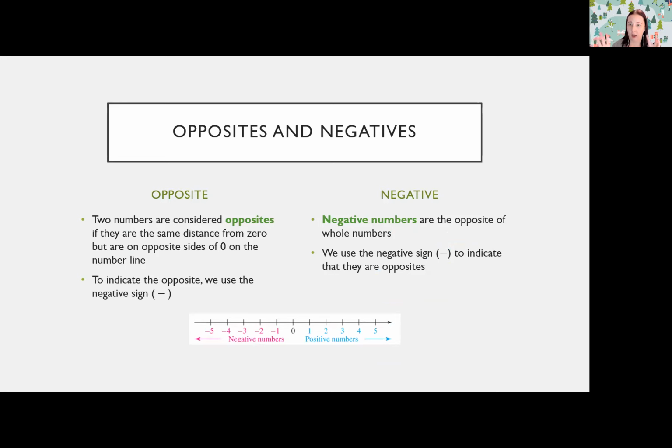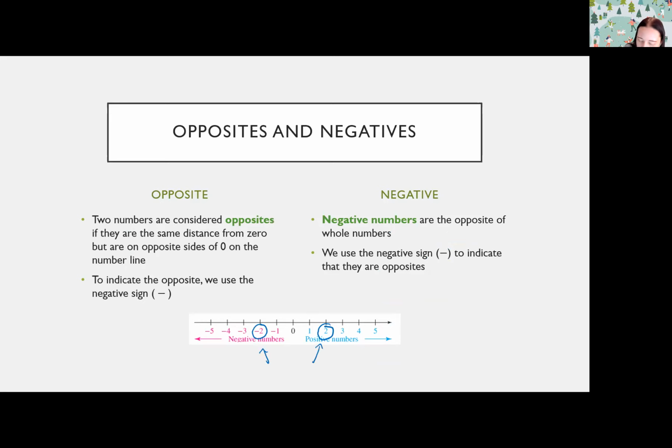Then we've got opposites and negatives, and these are related. That's why I have these on the same slide. Opposites: two numbers are opposites if they are the same distance from 0, but on opposite sides of 0 on the number line. Like -2 and 2 are opposites.